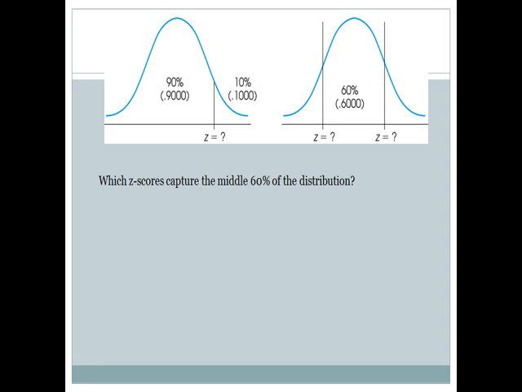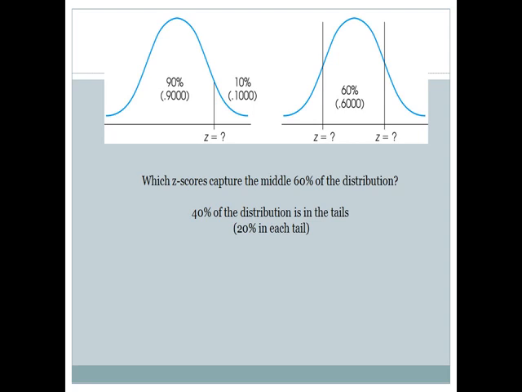That 20% at the top and the bottom is what can easily allow us to look up the z-scores using those proportions. So if we're trying to find the middle 60%, that means that 40% is the remainder, 20% in each tail of the distribution.